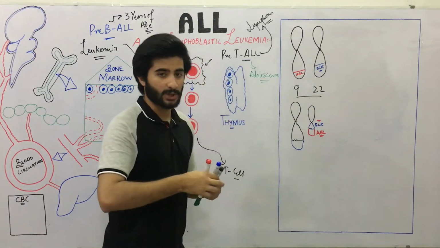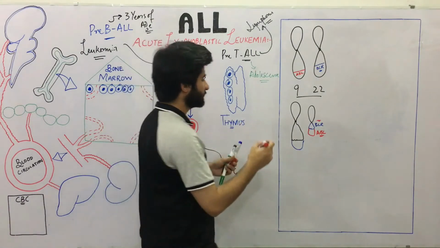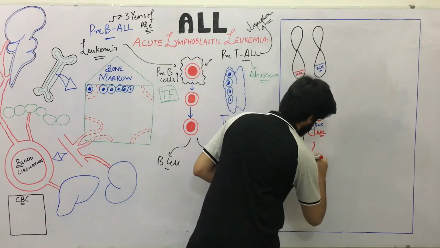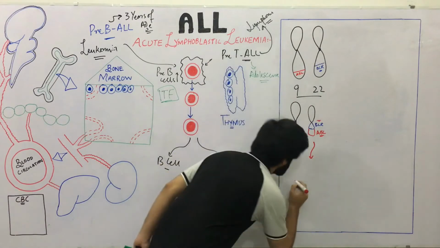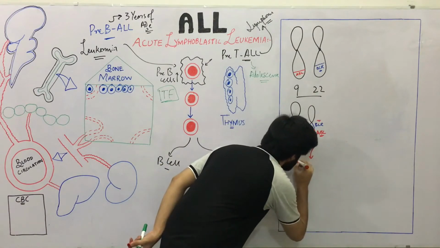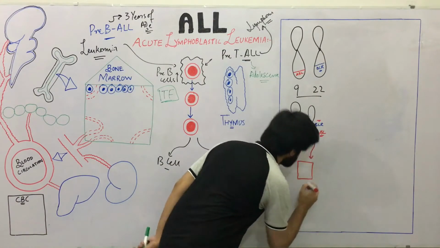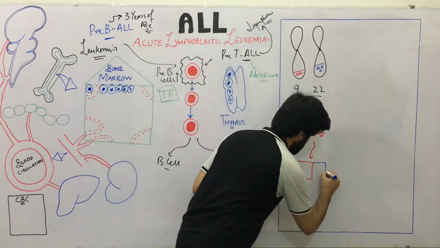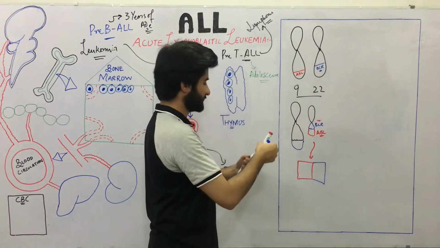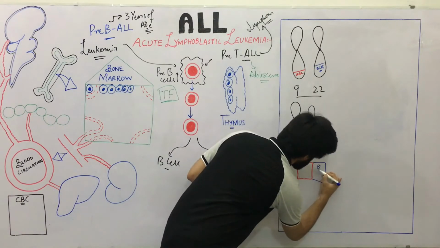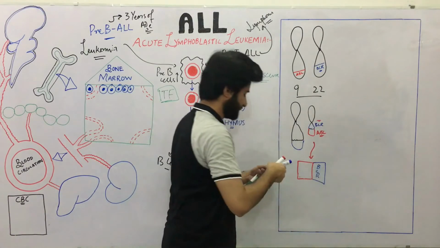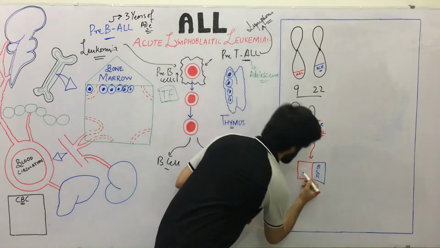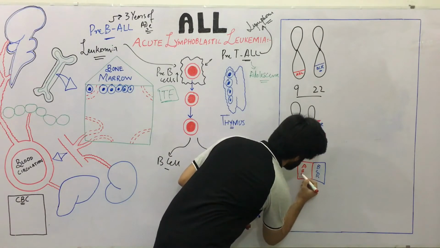This fusion gene will then produce a fusion protein, known as a chimeric protein, which has both BCR and ABL.